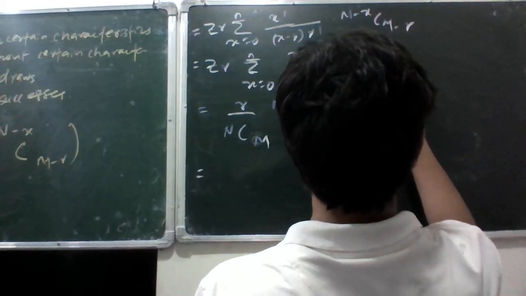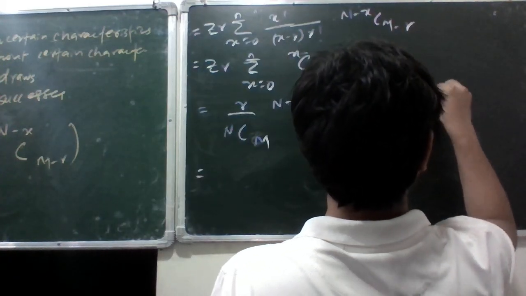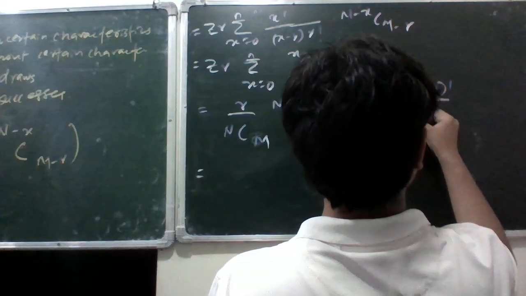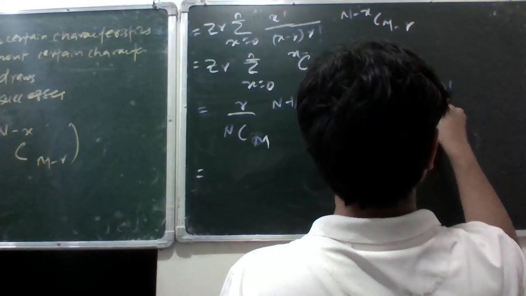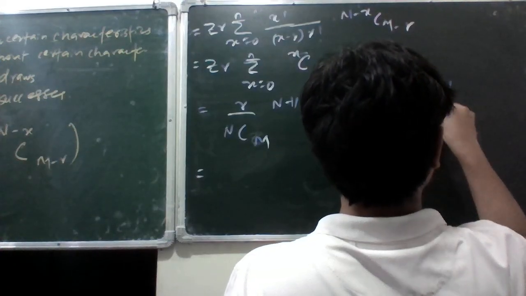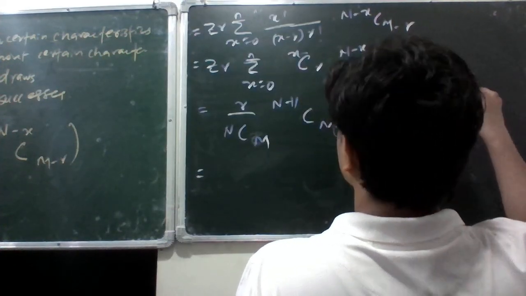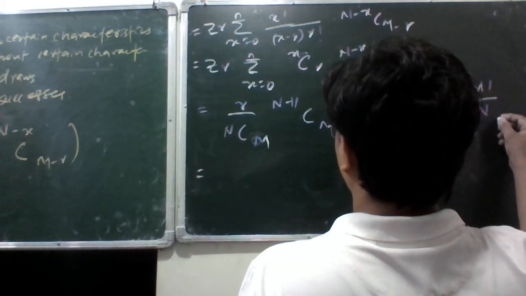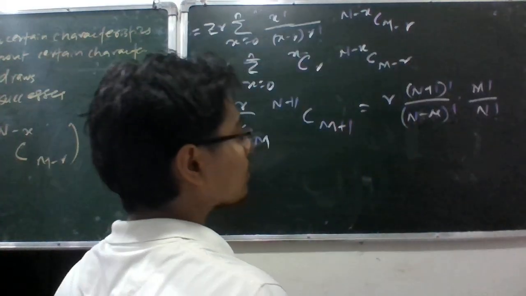Then it becomes r times (n plus 1) factorial by (n plus 1 minus, that is n minus m) factorial times m factorial by n factorial.